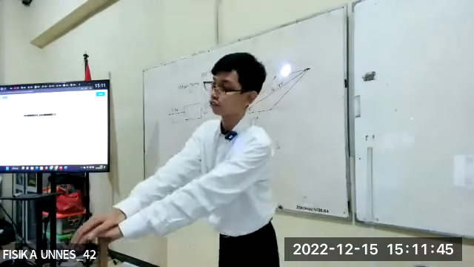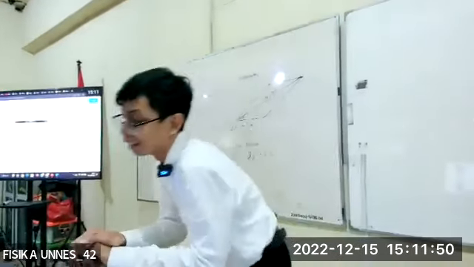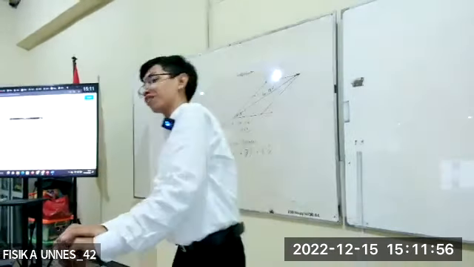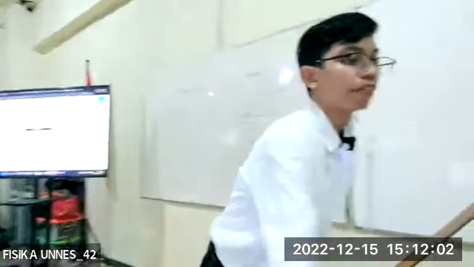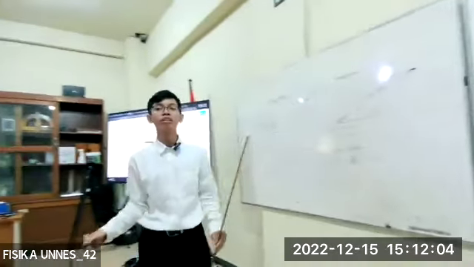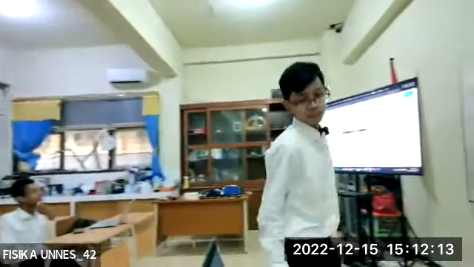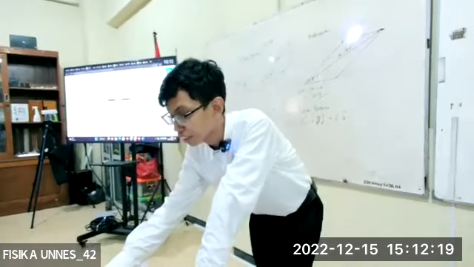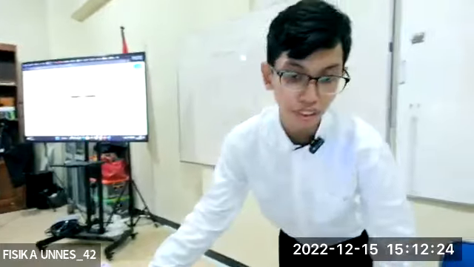For the first group, I think it is Wahid and Rahmanisa, and the second group is Rosa with Mahen. Here I have two rulers. You can do it manually to find the resultant vector, and for the simulation, I will lend you my laptop.